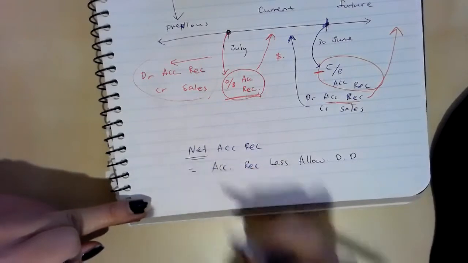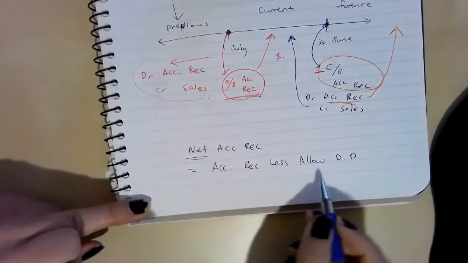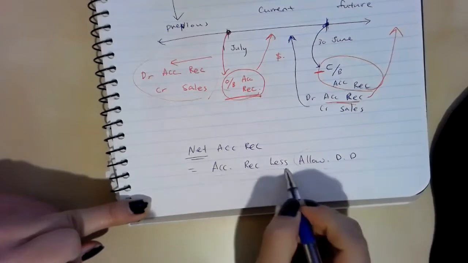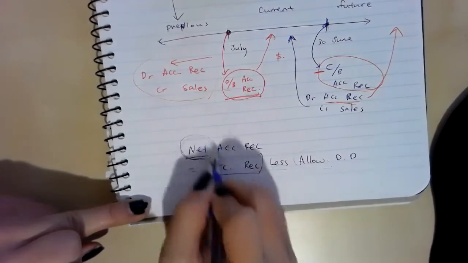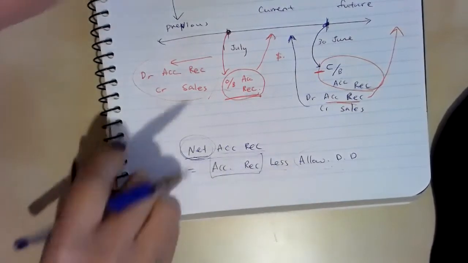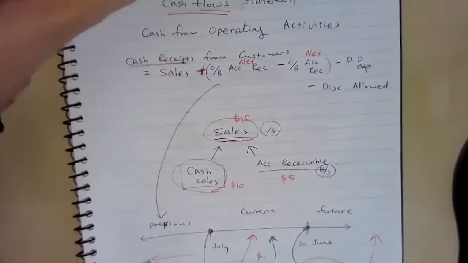That's the net amount. Sometimes we don't have this, so that is all you have. But if you have an allowance for doubtful debts, then we use the net amount of accounts receivable. Just be aware. Cool. I hope this makes sense.